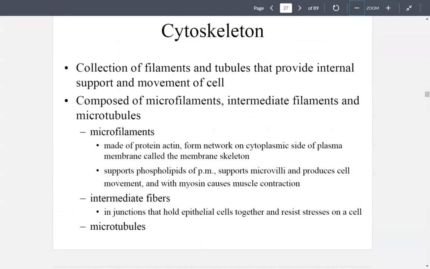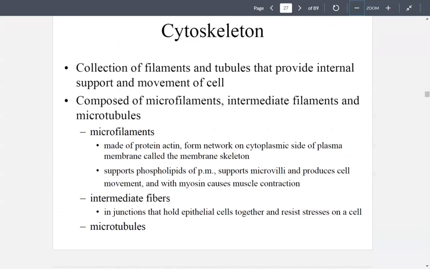All right, that cytoskeleton that I mentioned. It is a collection of filaments and tubules that provide internal support and movement, as I mentioned. What are these filaments and tubules? Well, microfilaments, these are going to be strands of actin, which is a protein complex. They're going to form what's called the membrane skeleton.